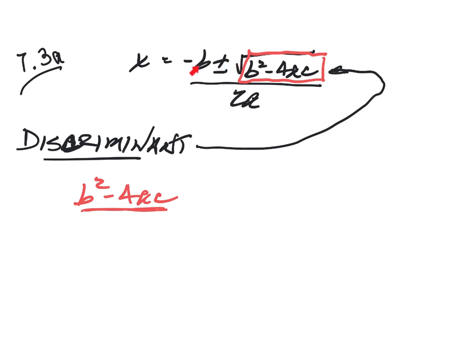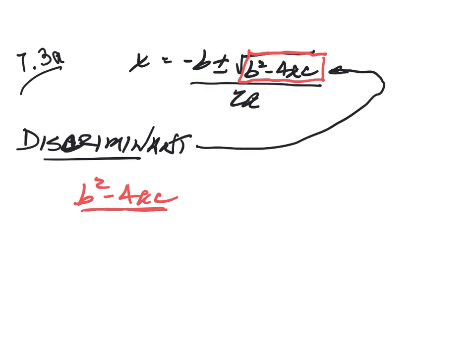So let's say that we've just got numbers and we're putting them in for a, b, and c. Once we do the b squared minus 4 times the a value times the c value, once we get an answer here, by taking the square root of that, that'll tell us what the rest is going to do.